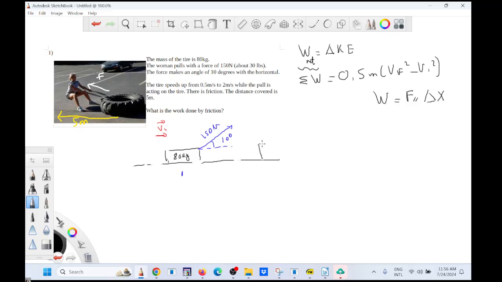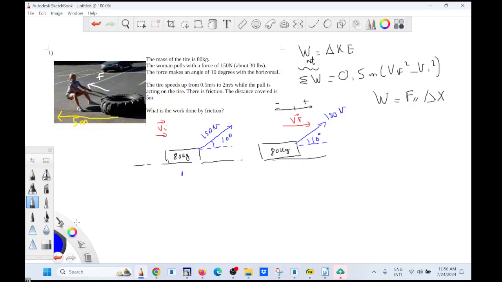So the net force is positive, toward the positive x, because now it's being accelerated, so the final speed is larger than the initial speed. So that means the net force along the x has to be positive. This is 10 degrees.